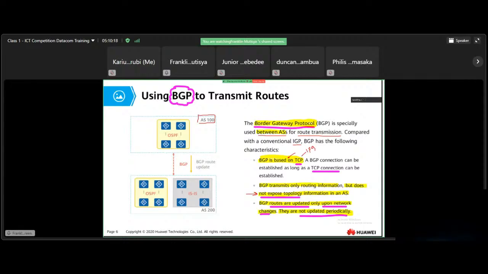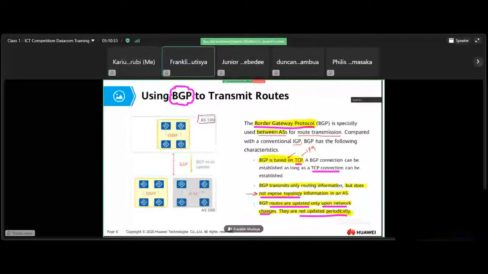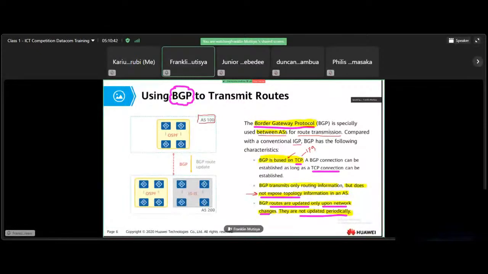The other thing about BGP is that it can transmit large amounts of routes. There's really good leverage in that you can handle large sizes of routing information, as compared to IGPs, that is OSPF and ISIS.